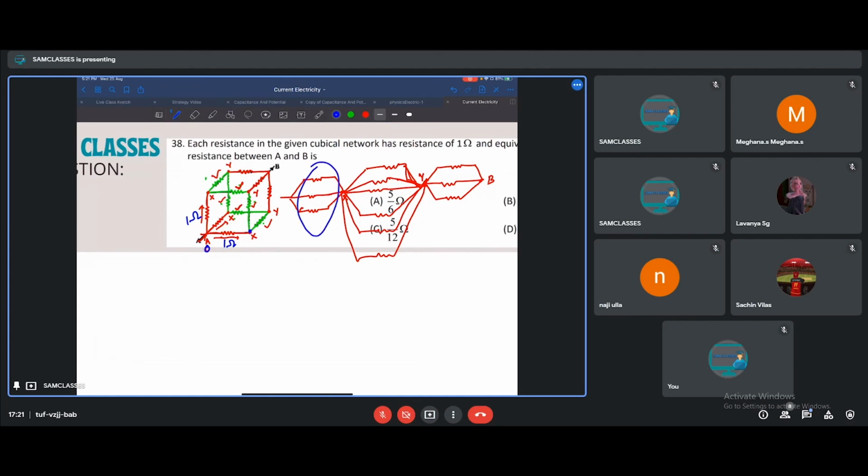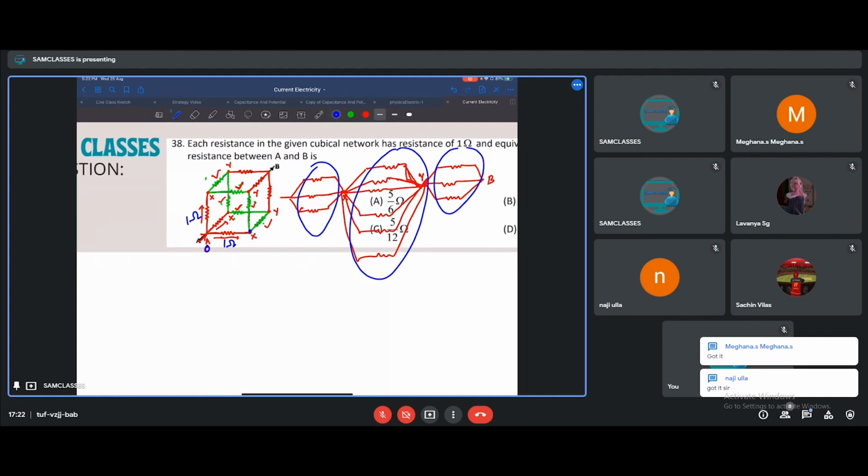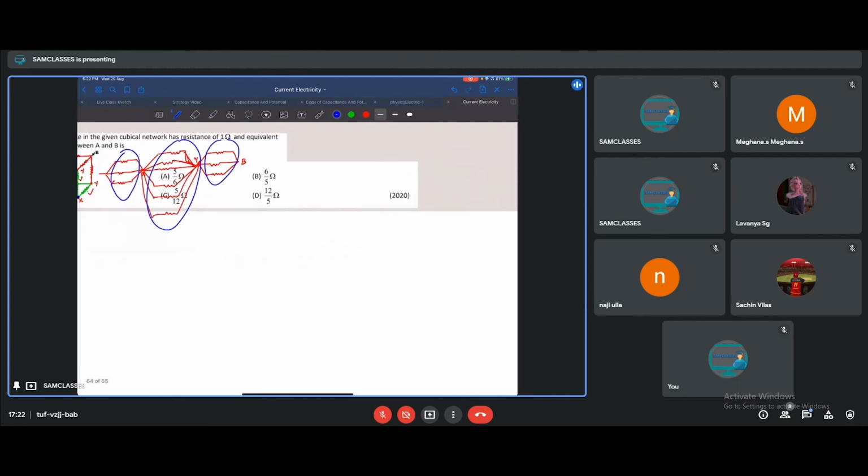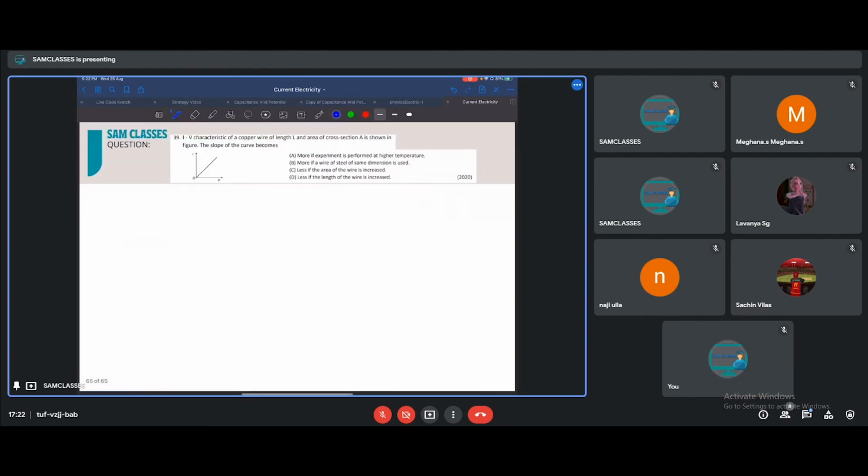And once you are able to draw this part, it becomes very easy. Now you got it, or you didn't get it till now? Yes, no? Got it, okay. Because with symmetry, we don't have to solve, because otherwise solving can be a bit tedious in between. Next, try this question.